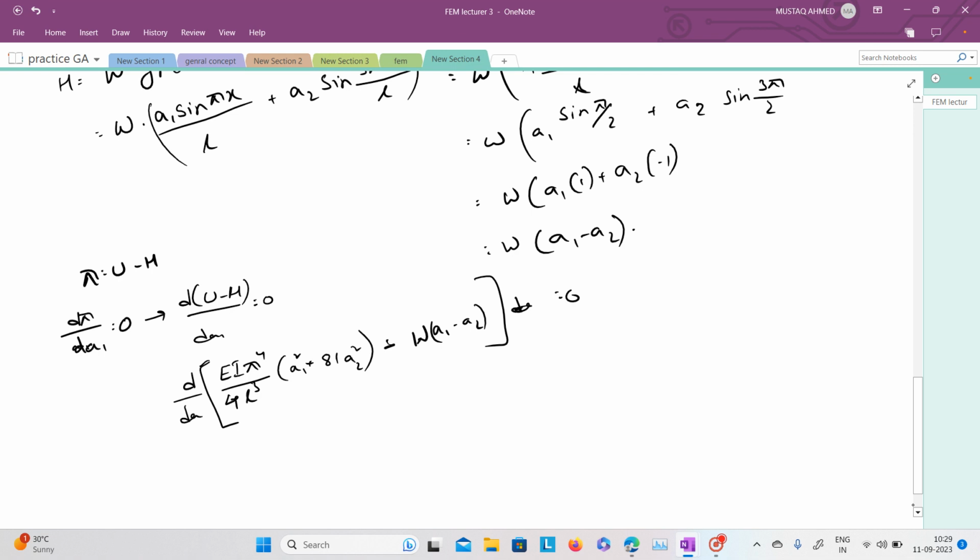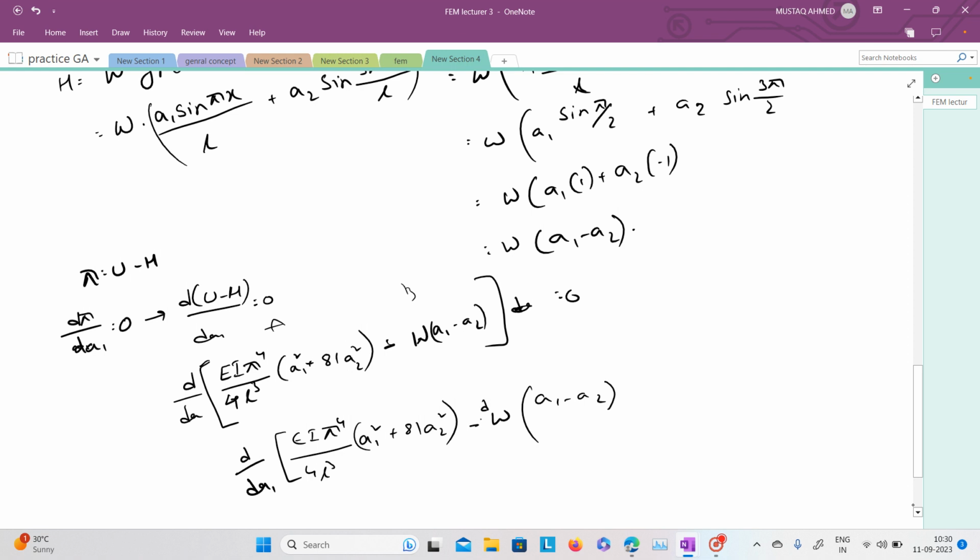Now we will divide it into two terms, d by dA1 of EI pi power 4 divided by 4L cube into A1 square plus 81 A2 square, minus d by dA1 of W into A1 minus A2.